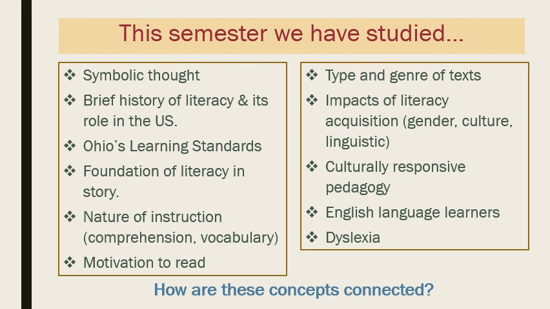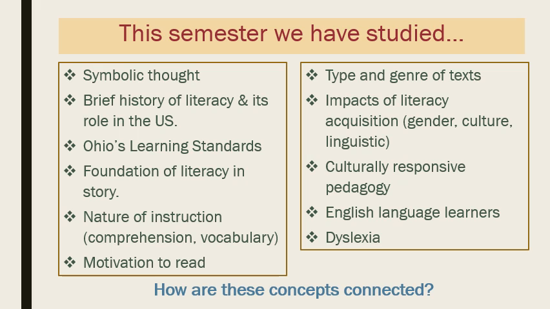So this semester, this is a listing of the different things that we have highlighted to date. We talked about symbolic thought and the fact that what we read and how we communicate is putting symbol to our thoughts and then translating it, so to speak, into our understanding, which happens through the written word.